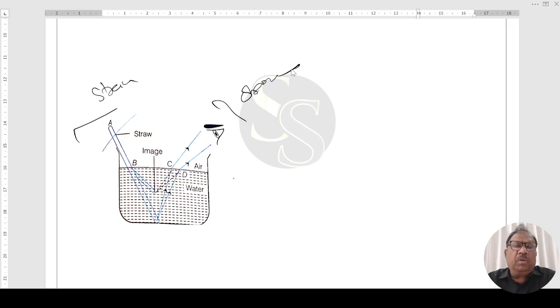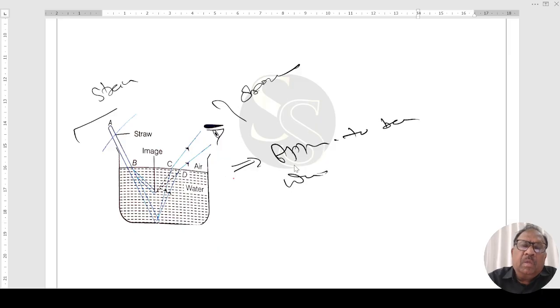When the ray of light after refraction from the water surface enters the observer's eye, it bends away from the normal. When it is traced back, the straw appears to bend, when these rays are extended back to meet at this point. Right? This is the image formation and explanation.